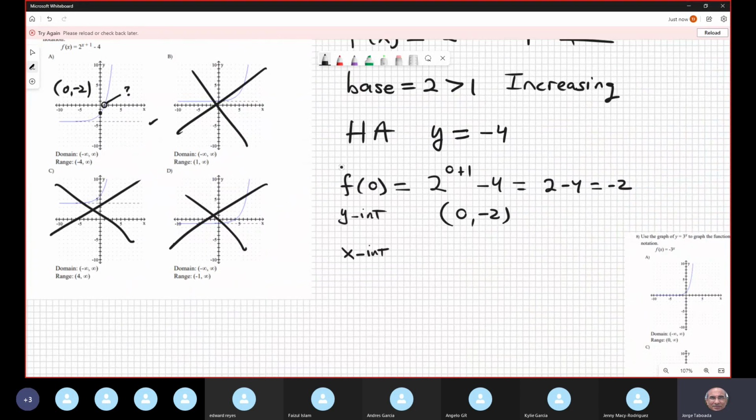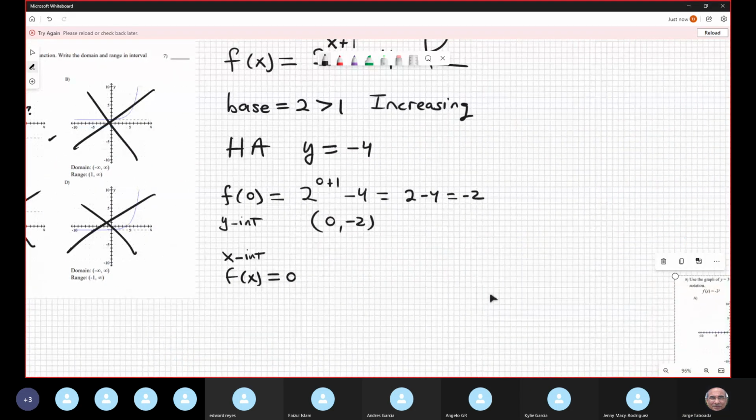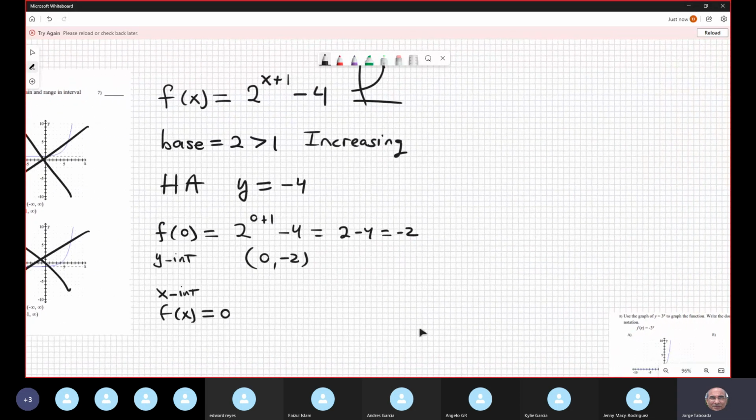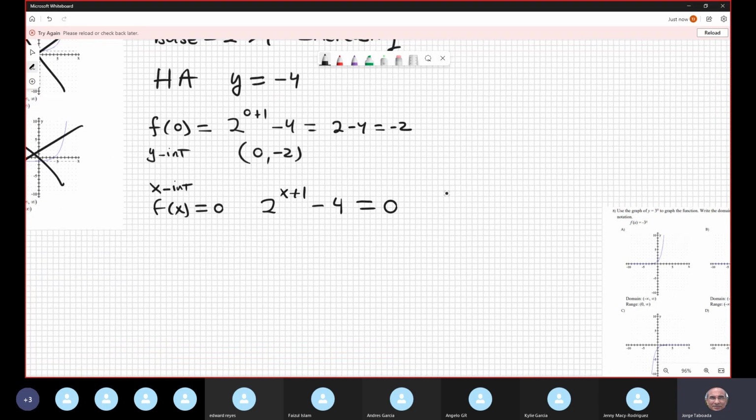The x-intercept is when the function is 0. So you take the original function, 2 to the x plus 1 minus 4, and you enforce it to be 0, and you solve this exponential equation. So 2 to the x plus 1 equals 4.